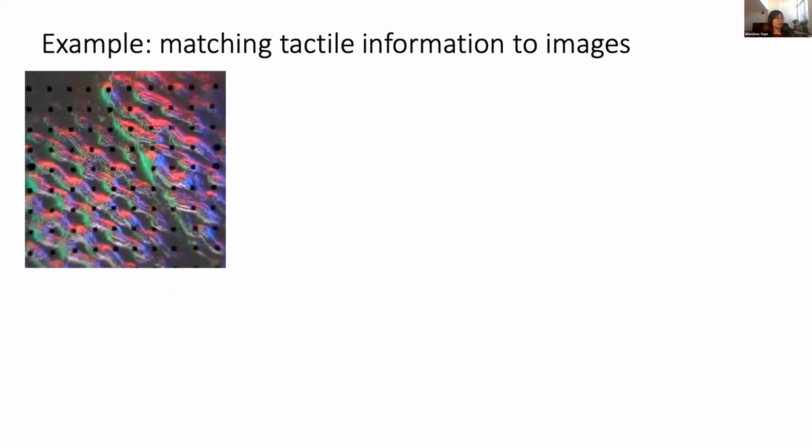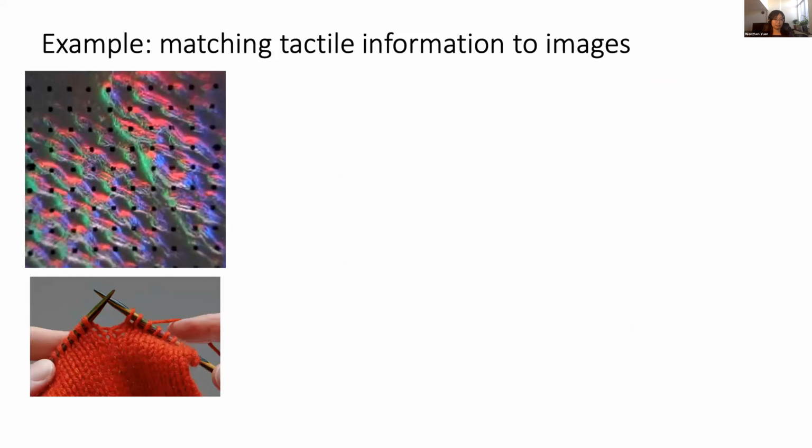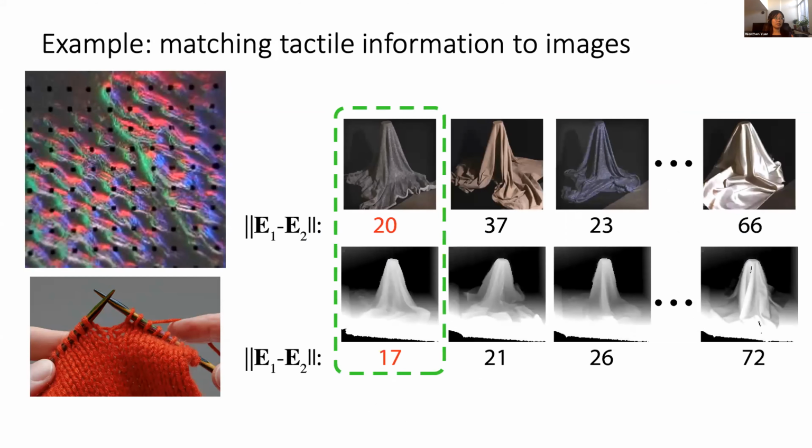For example, we can take a piece of tactile data like this when we press on some material, and this data can give us some intuition that it's something like a knit material, so it might be a little bit thick, but it's very soft, fuzzy, and stretchy. And we also give a lot of candidate visual data here.